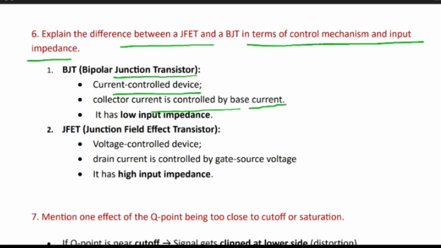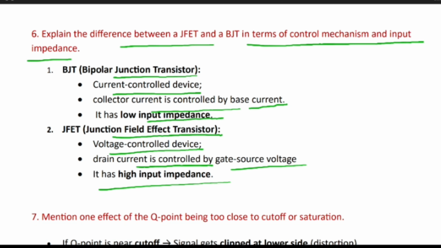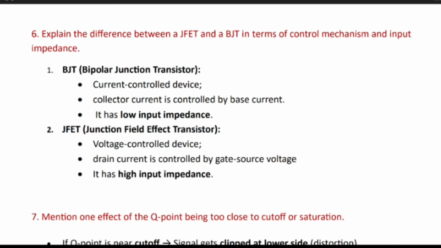Collector current is controlled by base current, and it has a low input impedance. Coming to the JFET, it is a junction field effect transistor, a voltage controlled device. Drain current is controlled by gate-source voltage, and it has a high input impedance.